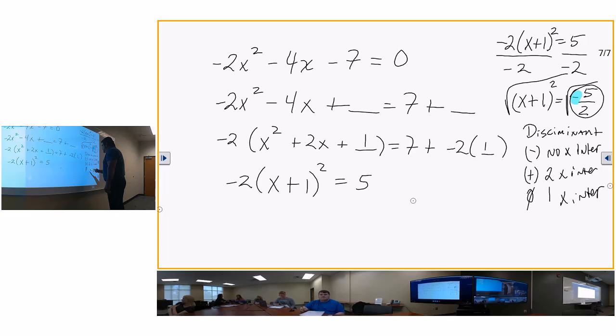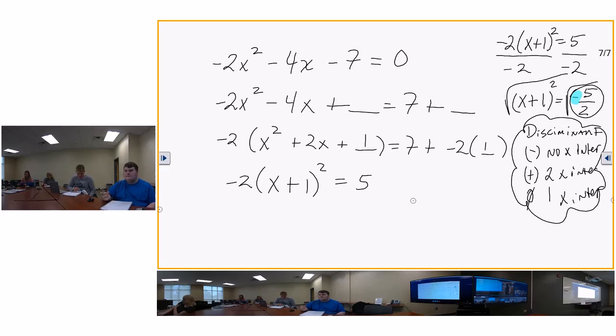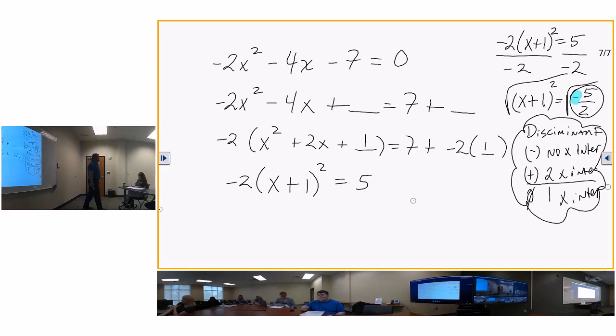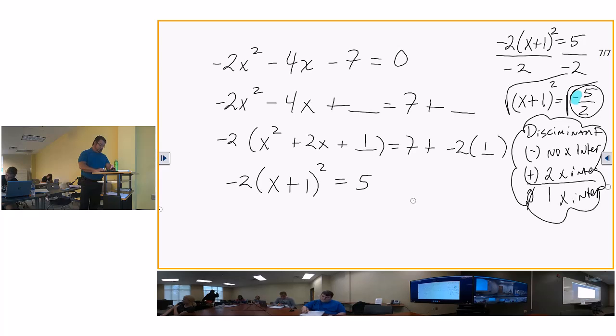You need to write that down. So far, we've gotten all positives. Now we have a negative. So we need to say to ourselves, this parabola does not cross the x-axis. Write that down.